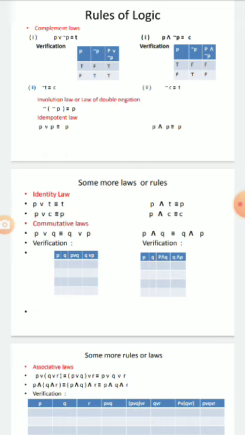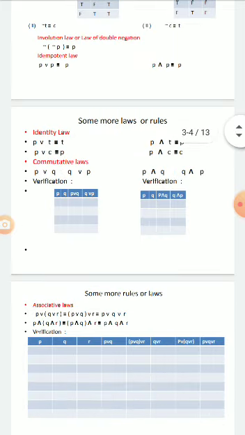Then the commutative law: A union B is the same as B union A, and A intersection B is the same as B intersection A. The order in which conjunction or disjunction is taken is not important. You can take conjunction or disjunction in any order.